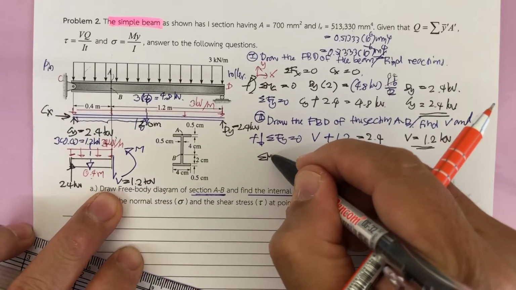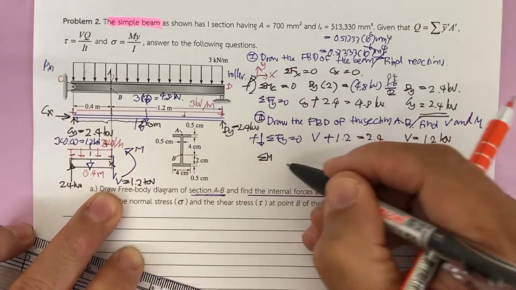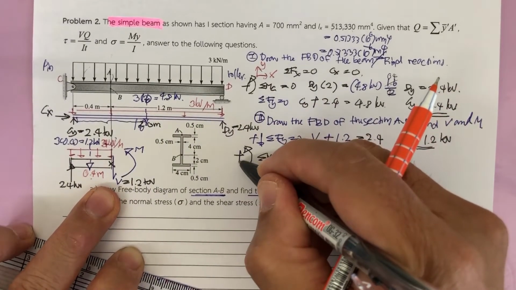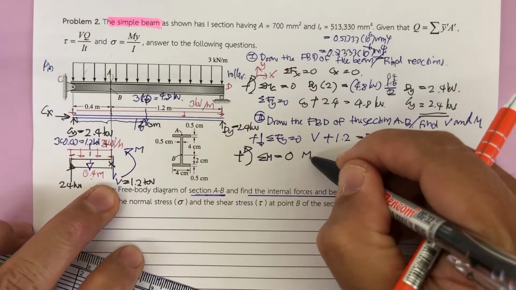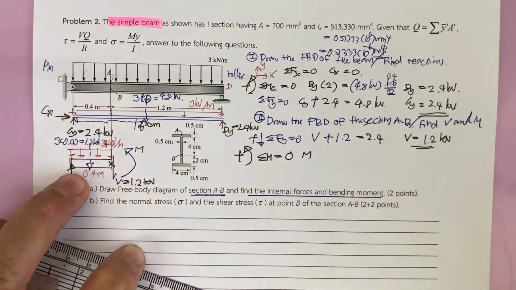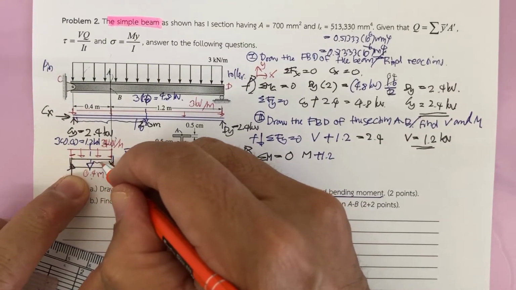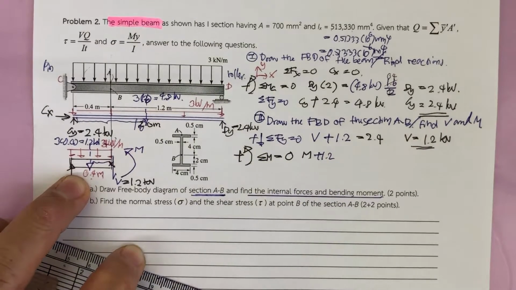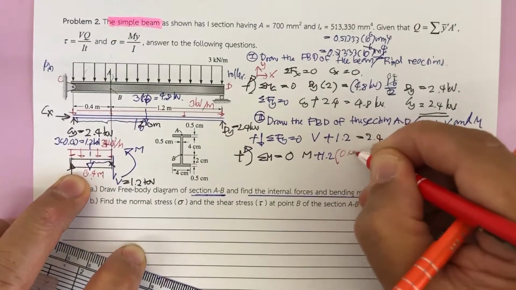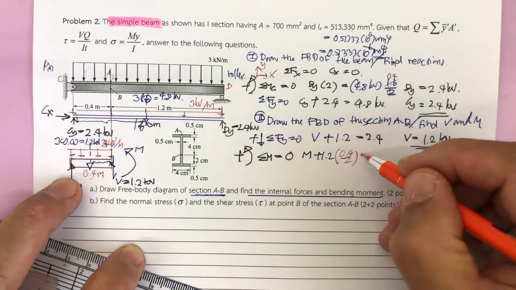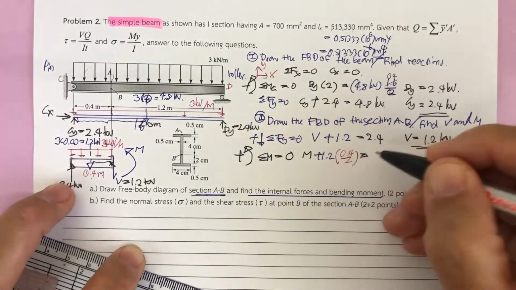Then you do the summation of the moment here equal to 0. The counterclockwise moment is positive now, so our moment is going to be plus 1.2. The distance here is half of this, that means it's going to be times 0.4 divided by 2, and then that's going to be equal to what?